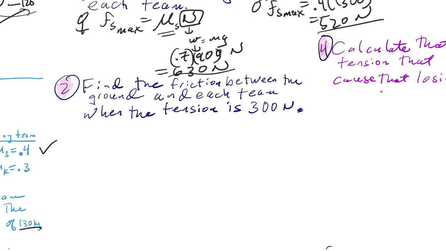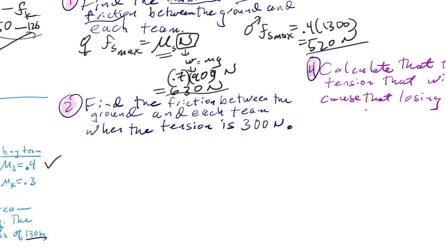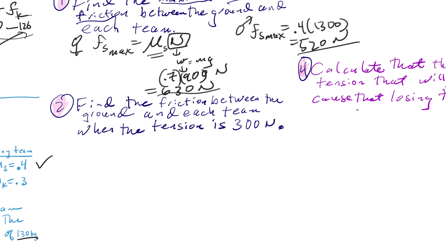So find the friction between the ground and each team when the tension is 300 newtons. Okay, so let's look at the girls' team. So here's the girls' team. Okay, here's the tension. And what's the friction?